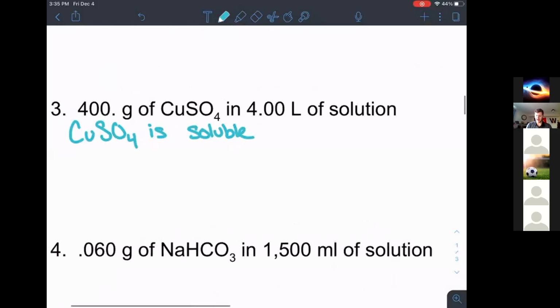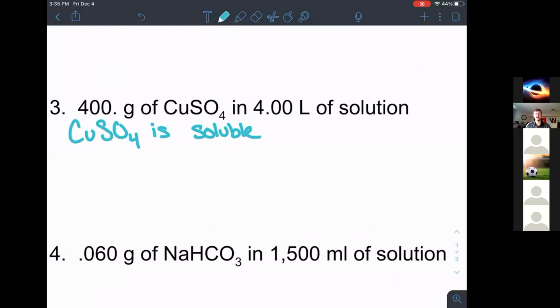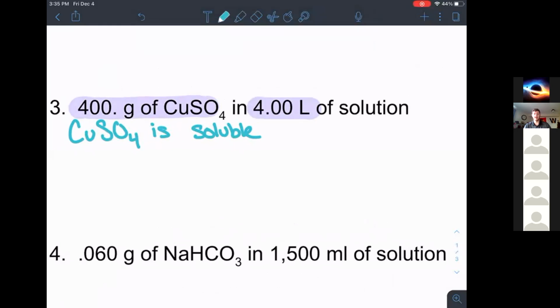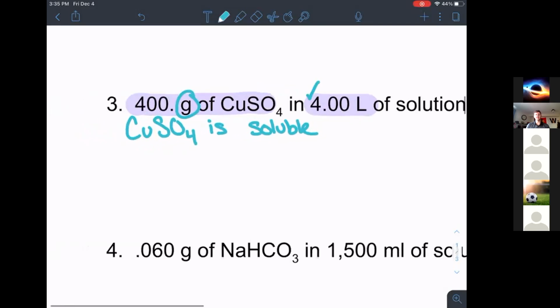So now let's check for our molarity. We know we need moles and we need liters. Do we have moles and liters for this problem? No. Do we have either of them? There's liters, so we know this is good, but we have to do what with these grams over here? Can we get grams to moles?